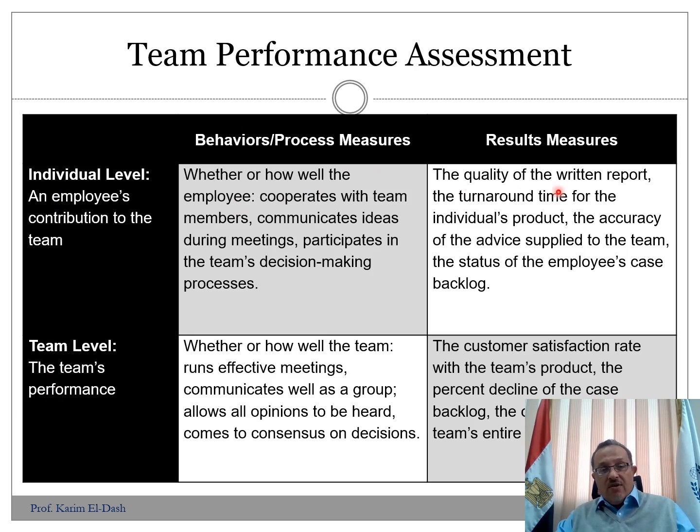On the other direction, we have to consider the behavior measurements and we have to consider the results measurements. In the behavior, is he doing the quality assurance requirements or not? In the results, we have to assess the quality control requirements, if he is doing that or not. So these are simply the four items that we have to assess with respect to the team performance assessment.